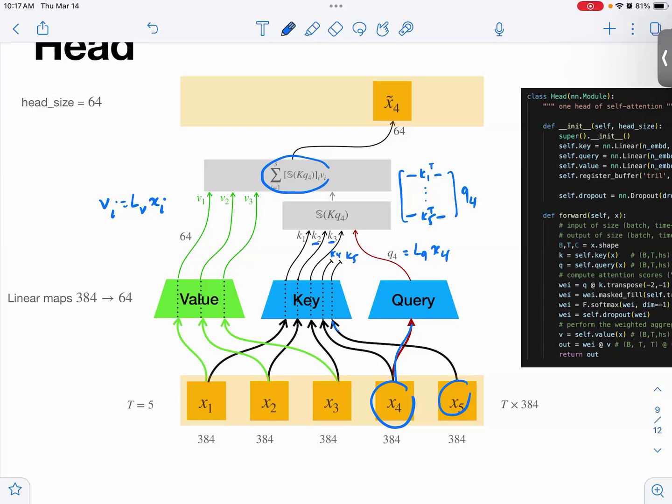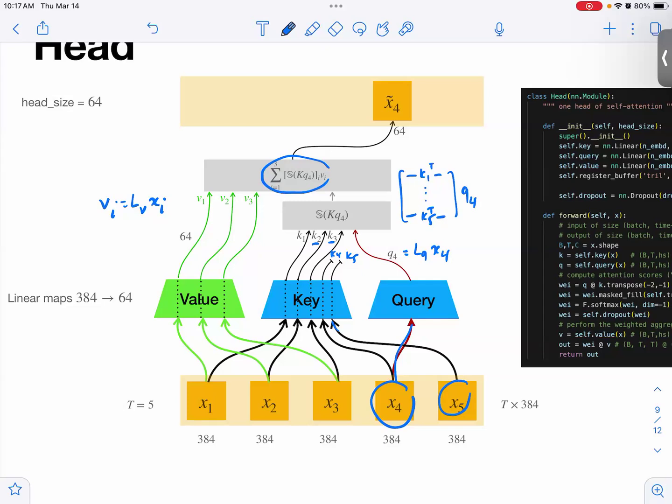This language is from software engineering or databases, but it makes sense in the context of weighted averaging where similarities are formed. If these are all identity matrices, then only the words that are similar would matter.